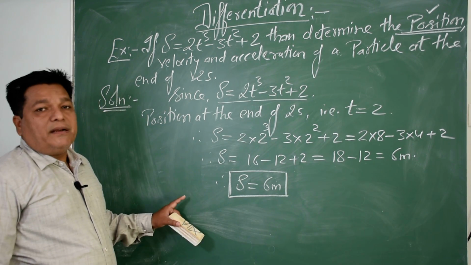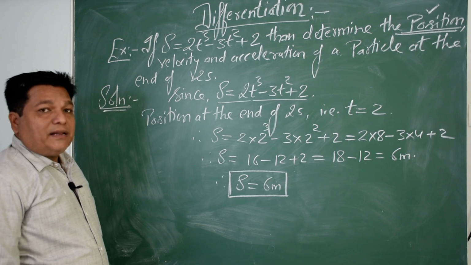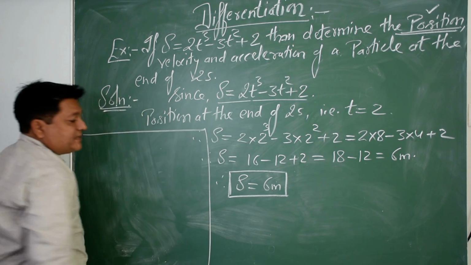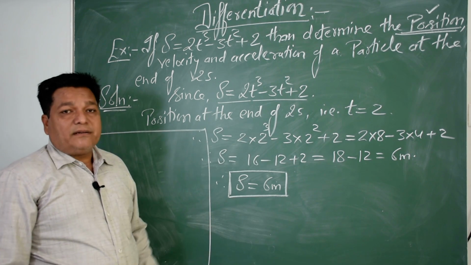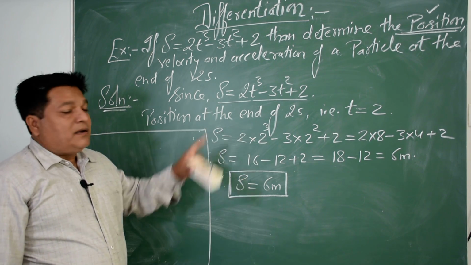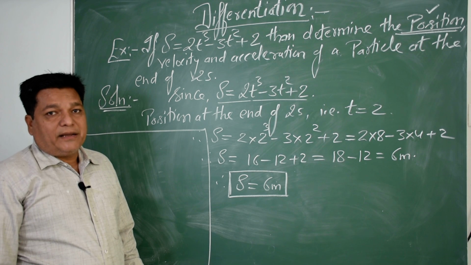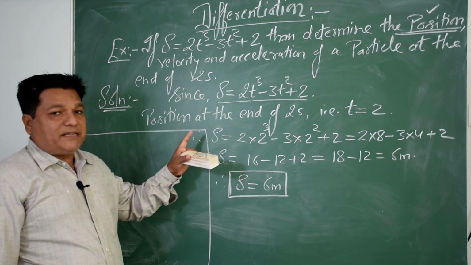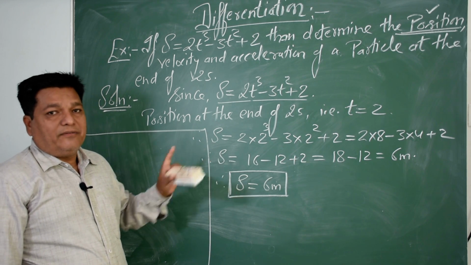Now we have to determine the velocity of the particle at the end of 2 seconds. How do we get velocity? Since displacement is given to us, we know that the rate of change of position of a particle with respect to time is velocity, meaning change in displacement upon time is velocity.